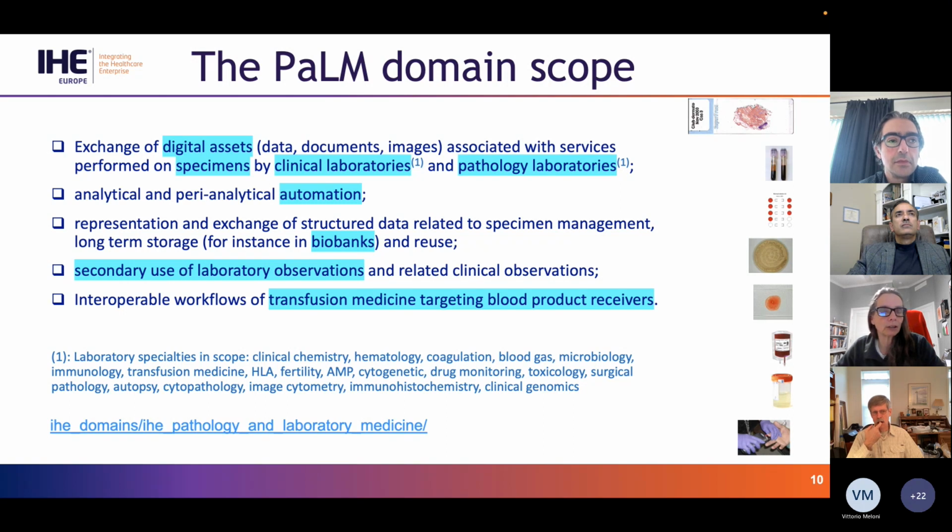It includes analytical and peri-analytical automation, and it defines the exchange of structured data related to specimen management and long-term storage. It also supports the secondary use of laboratory observations and related clinical observations, and includes transfusion medicine.